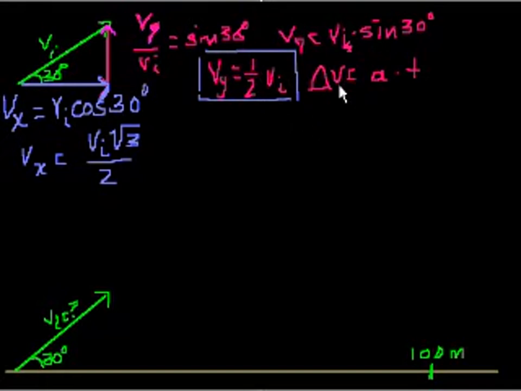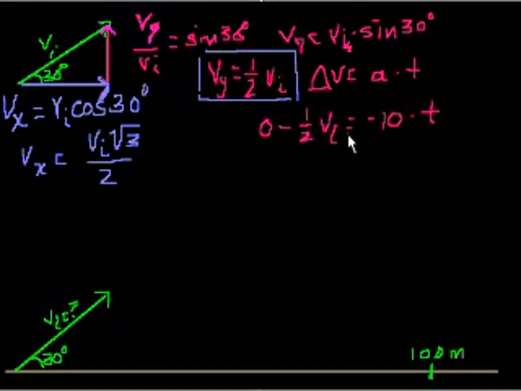Well, let's see. The change in velocity is 0 minus v sub y, which is my initial vertical velocity, the y-axis. So it's 1/2 v sub i. I just wrote this instead of this. And that equals acceleration, we're going to say minus 10 meters per second squared, times time.